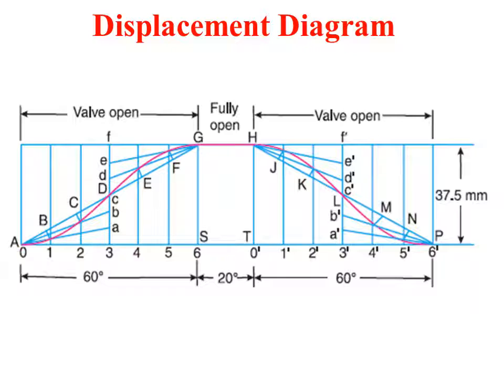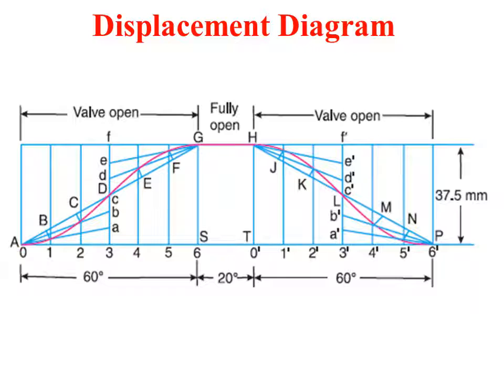So first we need to draw the displacement diagram as discussed in the earlier problem. First draw a horizontal line AP, and this length AP will be equal to the sum of outstroke, dwell and return stroke, and draw it to a suitable scale.